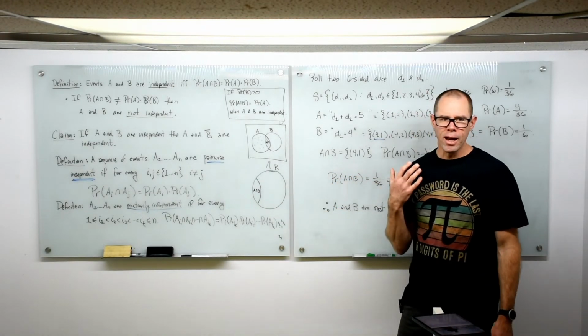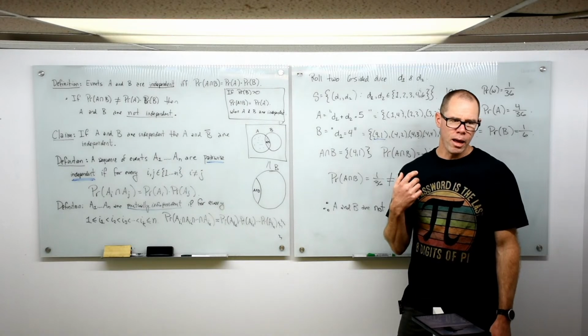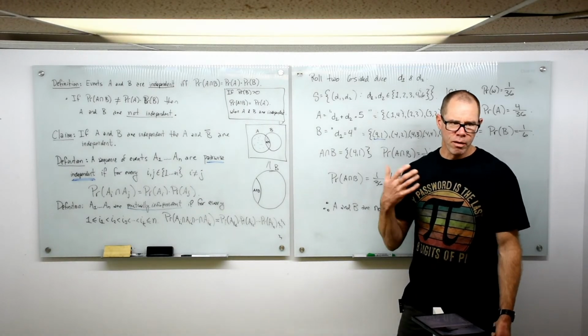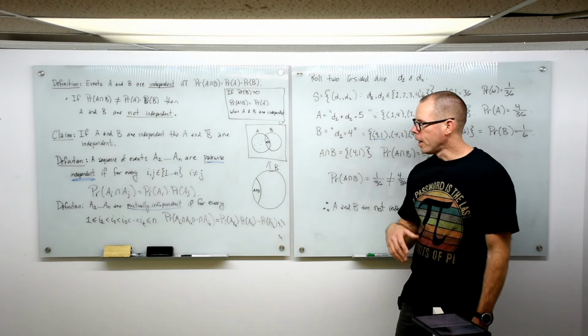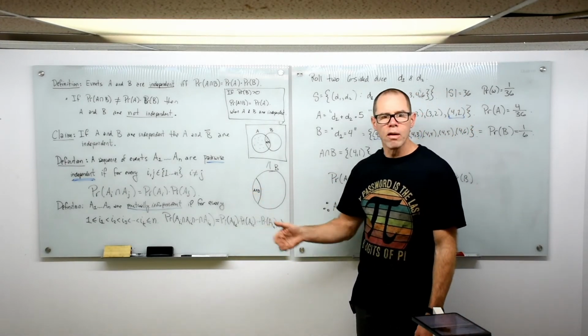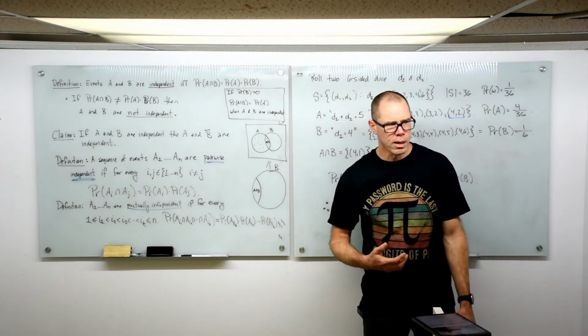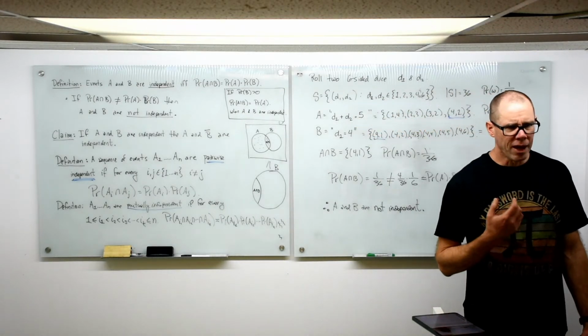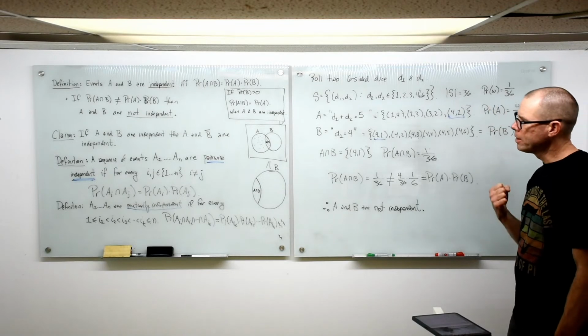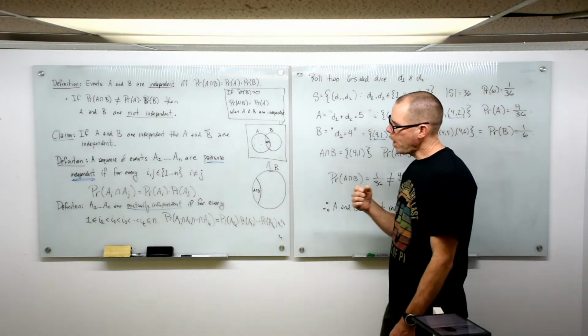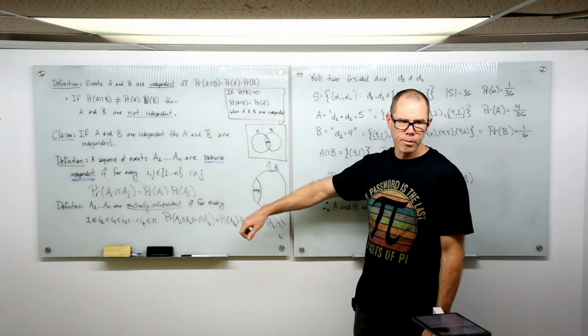So if I have a big set of events, A1 through AN, and I ask you, are they mutually independent? If you have to check this definition, it's going to take a while, because you have to take every non-empty subset of those events and check that this happens.